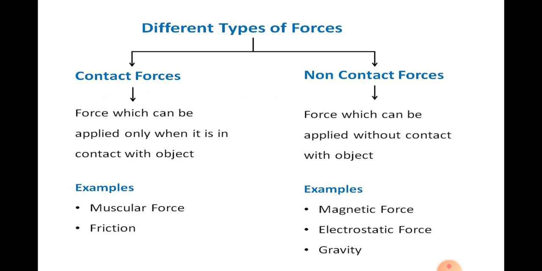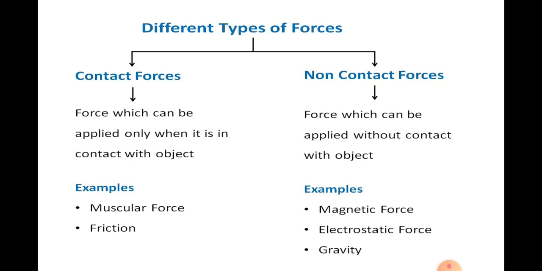Force can be broadly categorized into two parts. First is contact force and the other one is non-contact force. Contact force can be applied only when it is in contact with the object, whereas non-contact force is the force which can be applied without contact with the object.